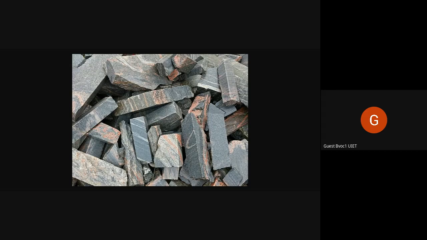It has a very rich red color, and laterite masonry looks like this. And it can be polished and used as wall cladding, as stone, masonry raw material.